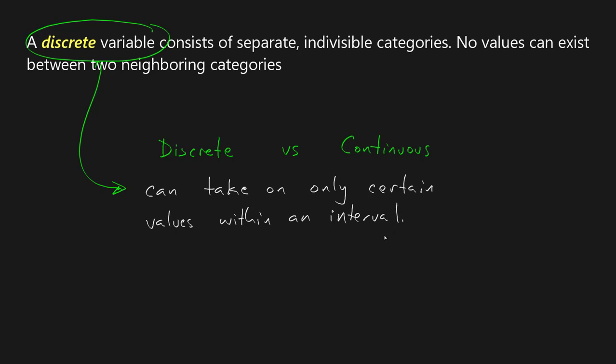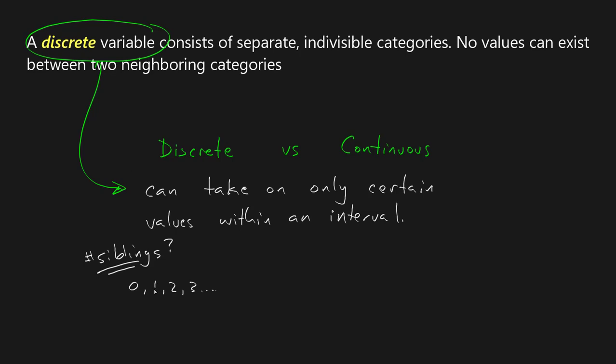So an example of a discrete variable or discrete data would be to ask somebody, how many siblings do you have? So how many brothers and sisters do you have? Well, it's either going to be 0 or 1 or 2 or 3 and so on. You can't have any values other than or in between the values that I've got here.